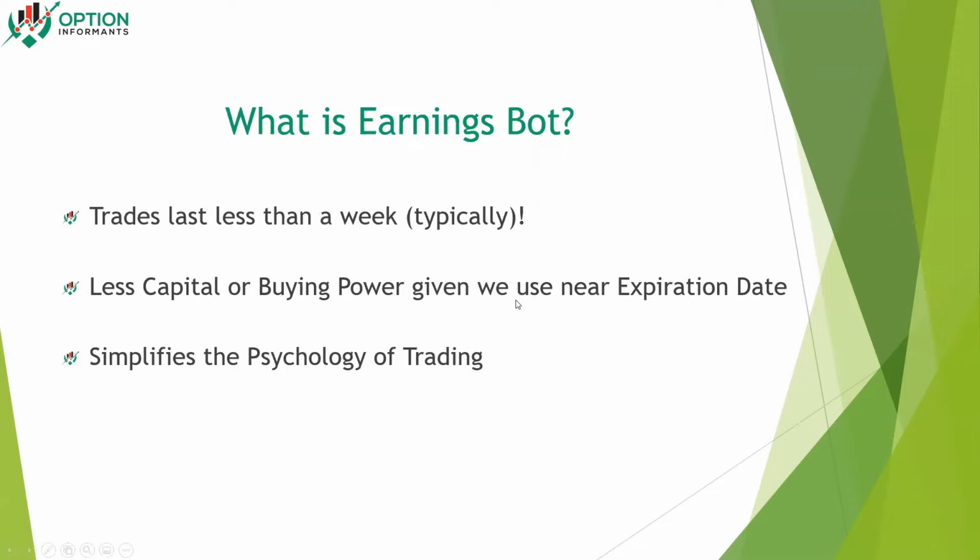Now, what's also great about the EarningsBot play is they typically last less than a week. So you jump into these trades, and usually within 2-3 days, I'm either closing out for a win or for a loss. But it's lasting less than a week, and the advantage of that is you're not caught in turbulence or volatility like we're seeing in the market.